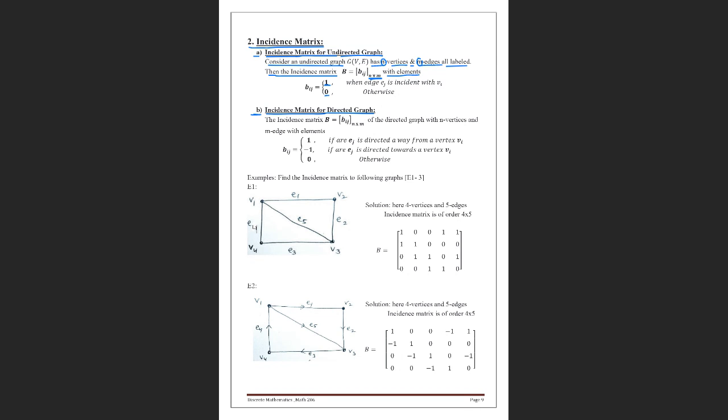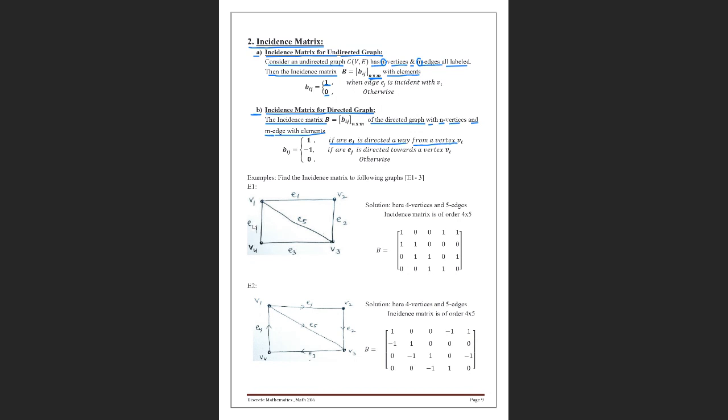Okay. So the incidence matrix B of the directed graph with n vertices and m edges, with elements, if arc is directed away from the vertex. Okay.